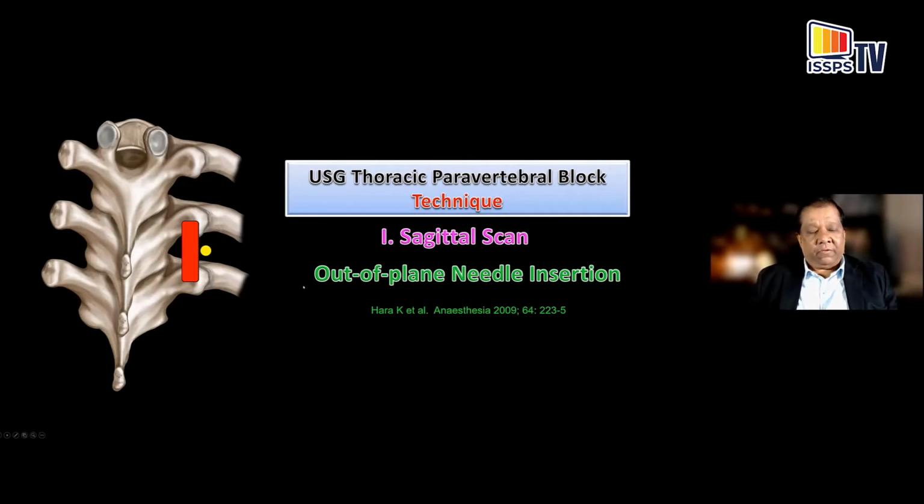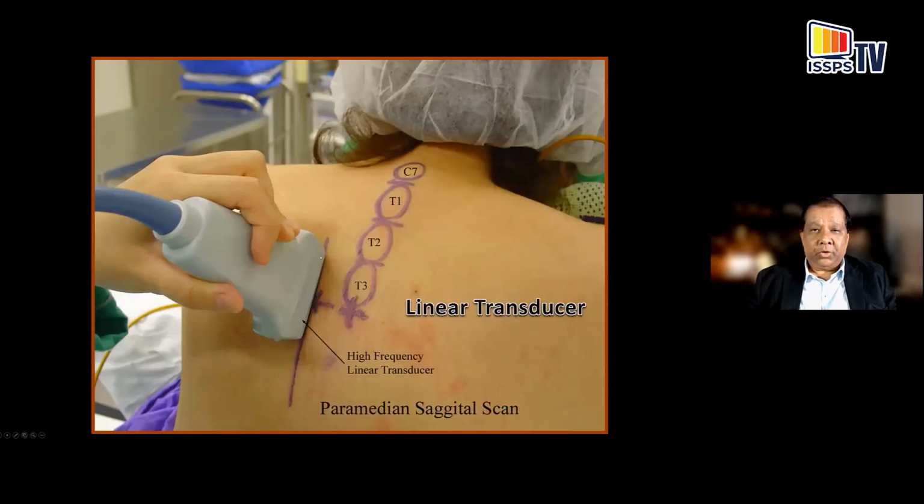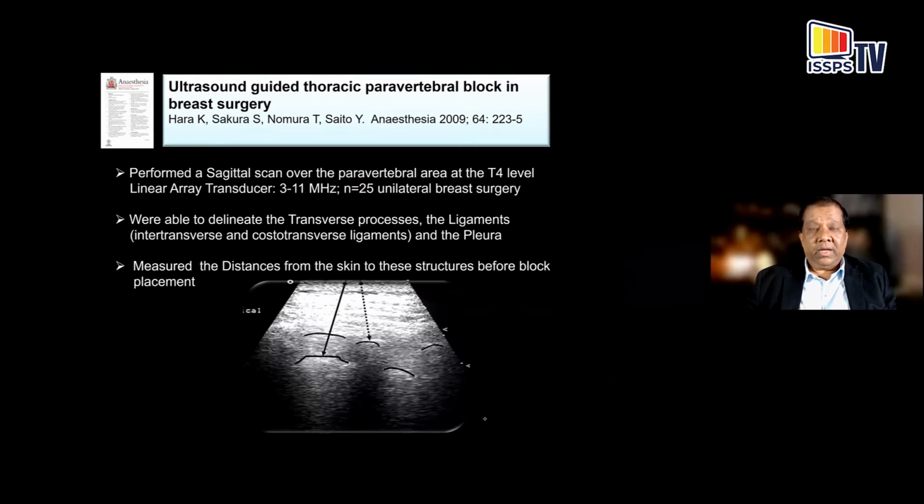And this is indeed the first approach that was described by Dr. Hara from Shimane. They used an out-of-plane technique. Just to illustrate to you, they inserted the needle out of plane, like so. They performed a sagittal scan. These are images from the paper. They were able to visualize the transverse processes, and they were able to visualize the pleura. They were able to delineate the transverse process, the ligament, and the pleura, and measure the distance.